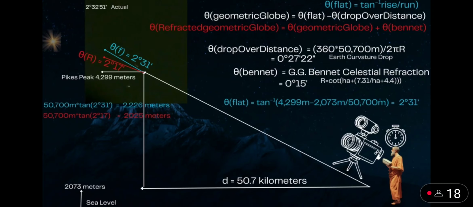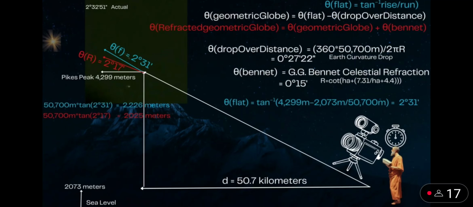So you have 2 degrees 31 minutes minus 27 minutes, and then you add in G.G. Bennett celestial refraction, 15 minutes. That brings the globe prediction to 2 degrees, 17 minutes. That is confirmed by Jesse Ruhiff and every other globe proponent. No other person disagrees with that as the globe prediction. So we've deduced the globe prediction and the flat Earth prediction.